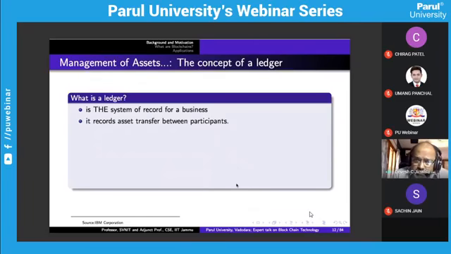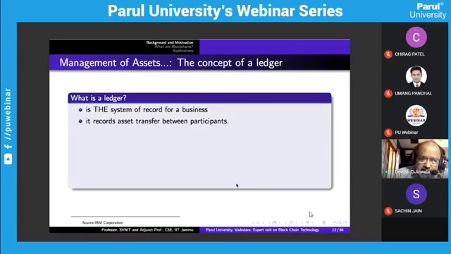Without a ledger, I would not be saying that I'm doing business, because I go along with my static data, stationary data which doesn't change, and then I would say that I am doing business. That's not possible, because if you are doing business, there is going to be imminent change to the data. So we need some formal mechanism by which we can maintain how to change the master data, and the ledger is that particular entity.